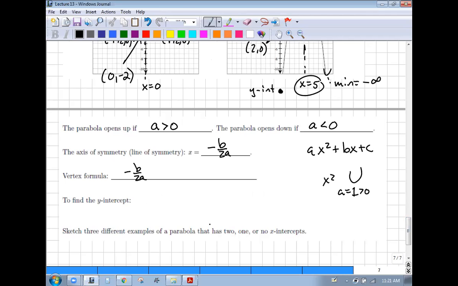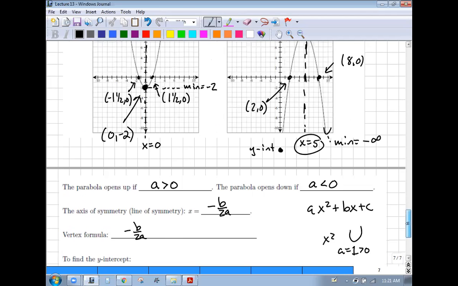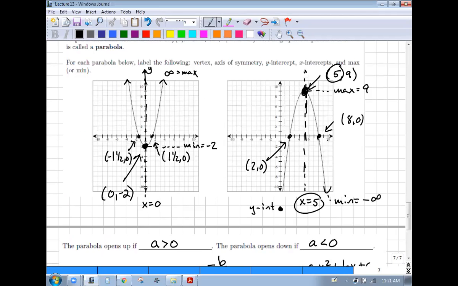All right, to find the y-intercept, that's where it crosses your y-axis. In this case, it's right here, (0, -2). You plug 0 in for x and find out what f of x is.